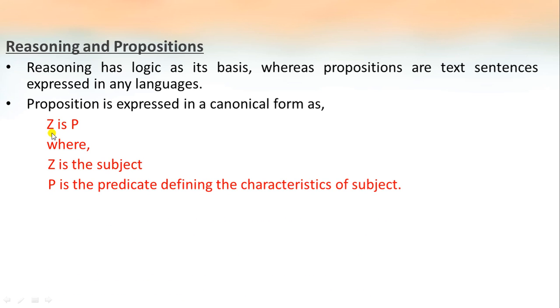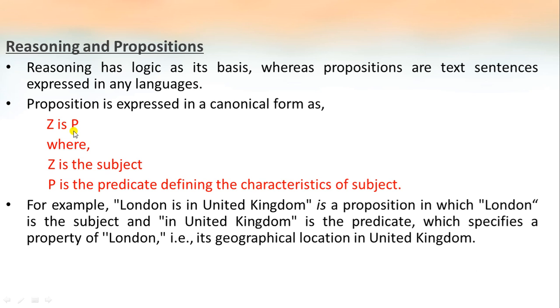Predicate means something which defines or characterizes the subject. So Z is P is the expression for proposition, and Z is the subject and P is the predicate which defines the characteristics of that particular subject.